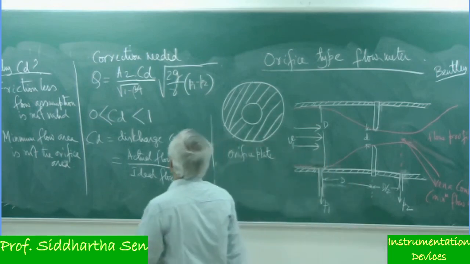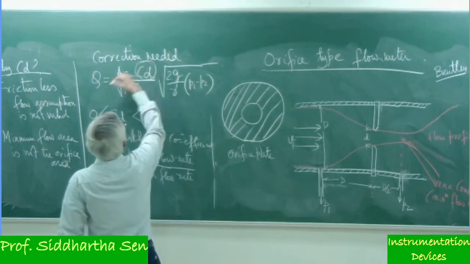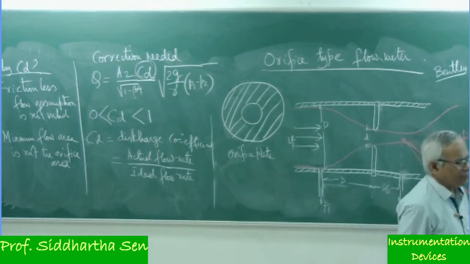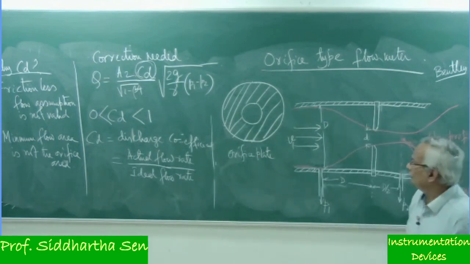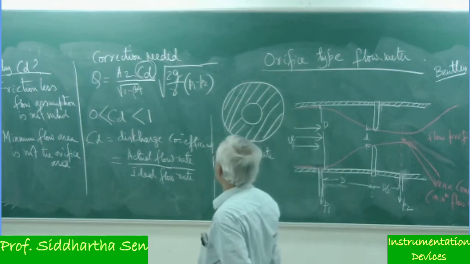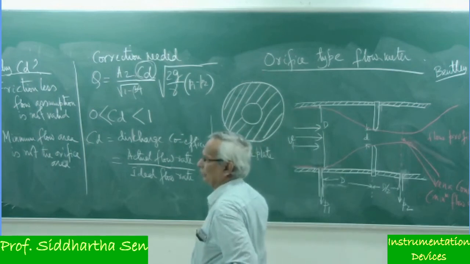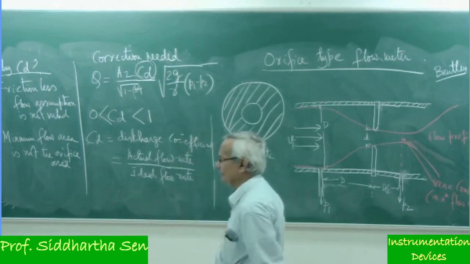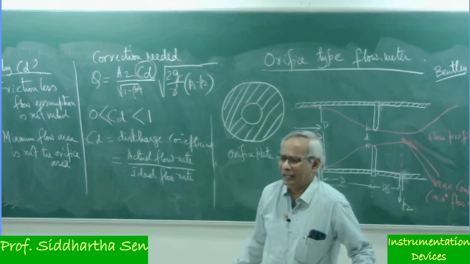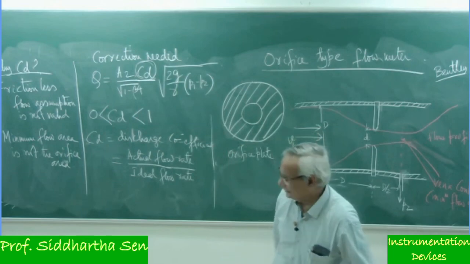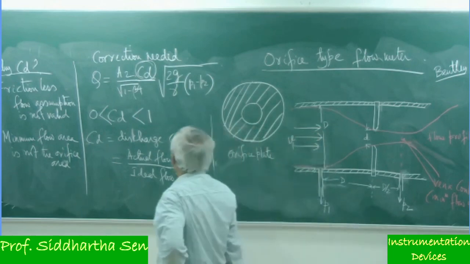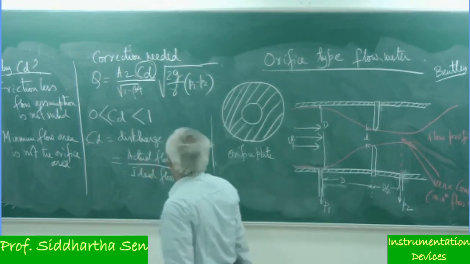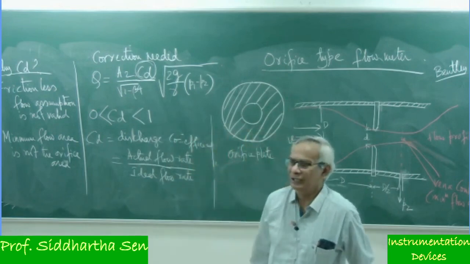To overcome that one, we need to incorporate a correction factor, and this correction factor is CD, called the discharge coefficient. And mind it, the CD cannot be exactly calculated theoretically. The best way to estimate CD is to carry out experimentation.